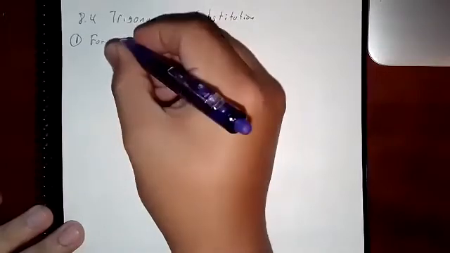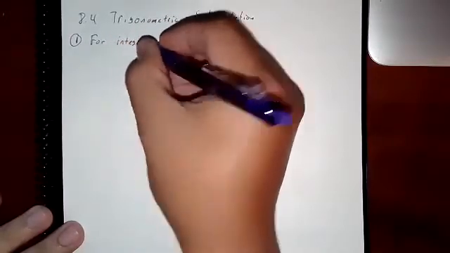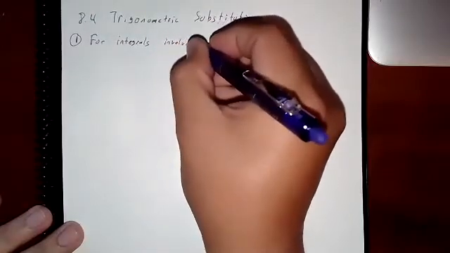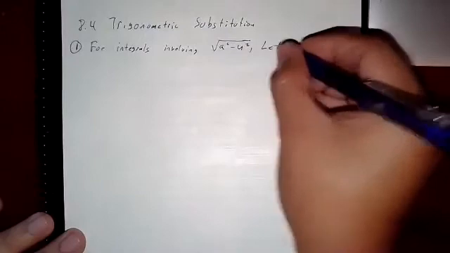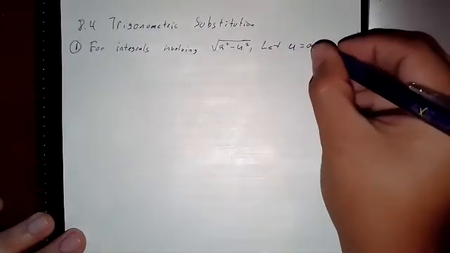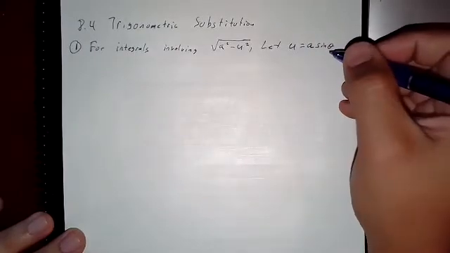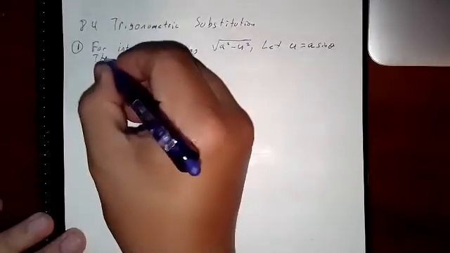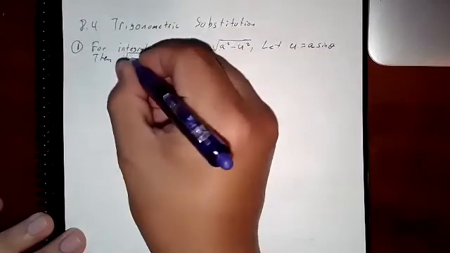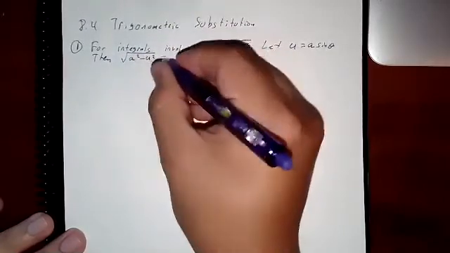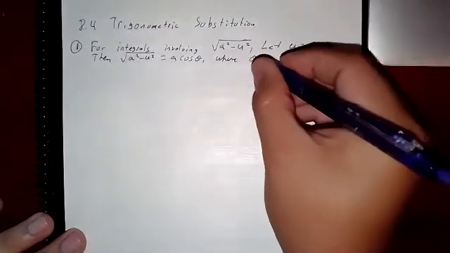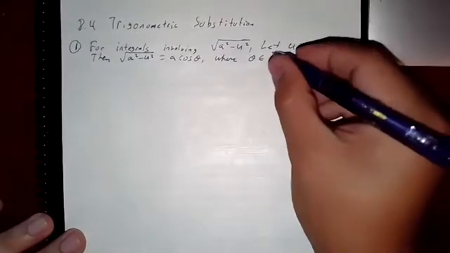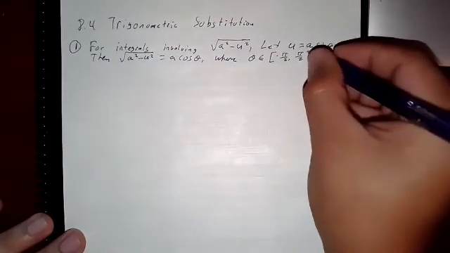So for integrals involving the square root of some number a squared minus u squared, let u equal a sine theta, then the square root of a squared minus u squared is equal to a cosine theta, where theta is an element of negative pi over 2 to pi over 2.